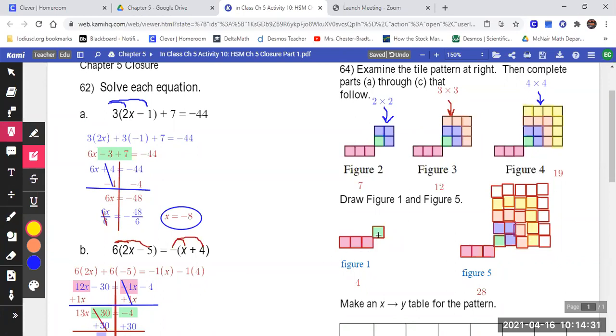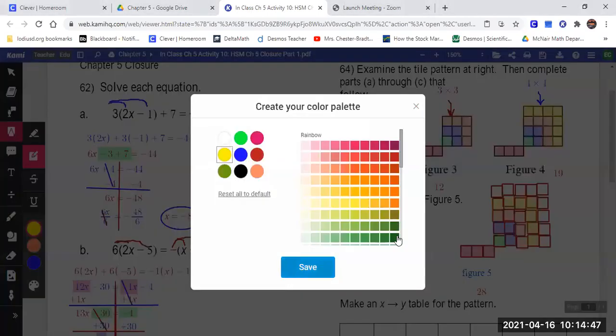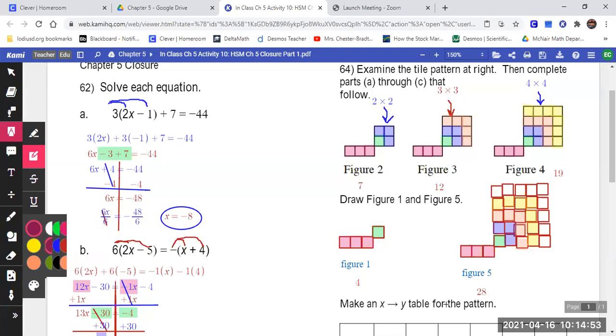Figure 1 added 1 box in. Figure 2 added 3. Figure 3 added 5. Figure 4 is adding how many? 7. So how many do we expect figure 5 to be adding?